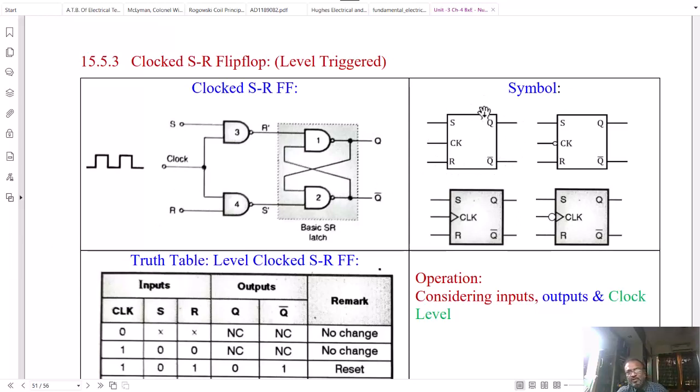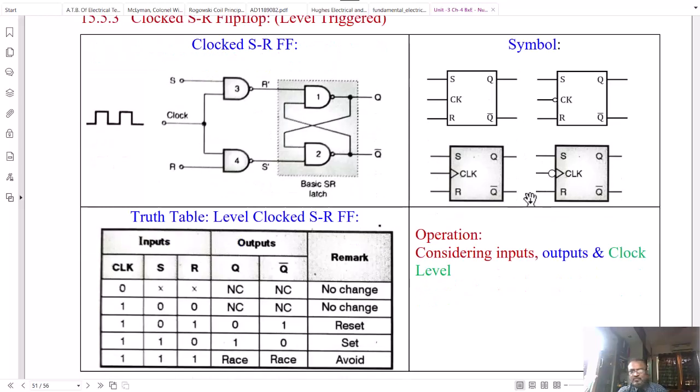The symbols of the flip-flops are shown here. The first circuit is an SR flip-flop with positive level triggered. Here there is no bubble. In negative level triggered, there is a bubble on the clock input. So if you see these two, we have added the third input in the SR flip-flop, that is clock input CK.